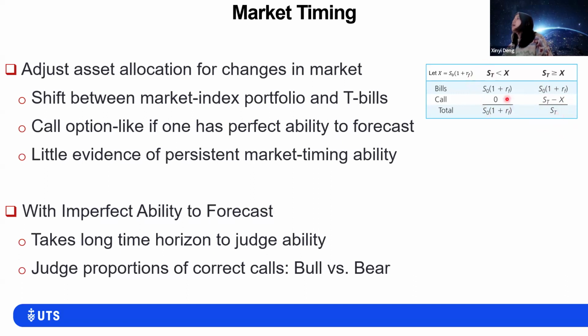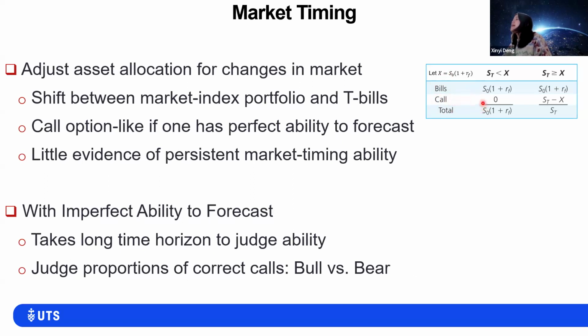Now let's take a look at the combination of bills and call options. Let's assume that the call option we use has the exercise price equal to X, the starting date being the start of each year, and the maturity date, the exercise date, being the end of each year.